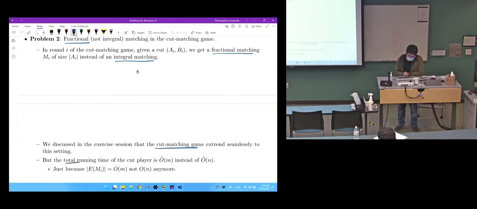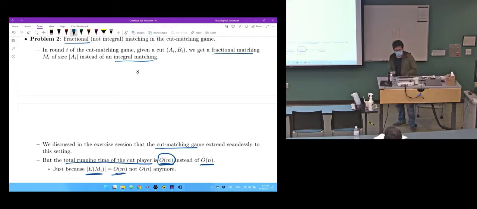But the total running time of the cut player is now O(m) instead of O(n), because the number of edges in the meshing is O(m).